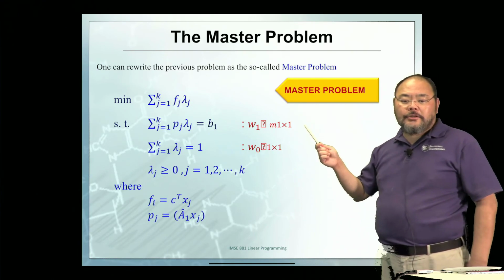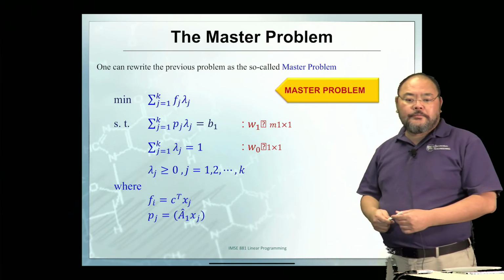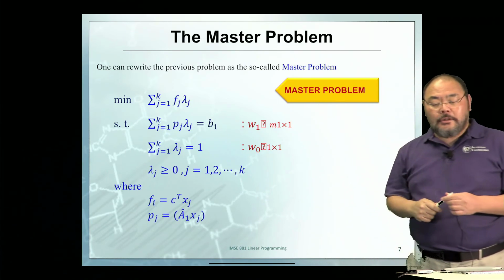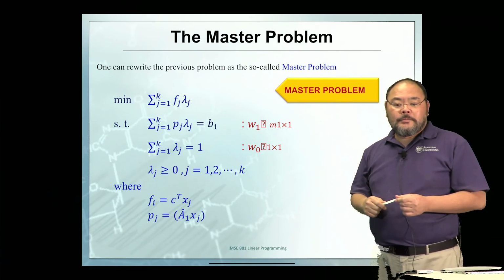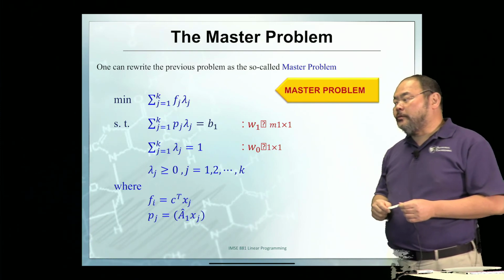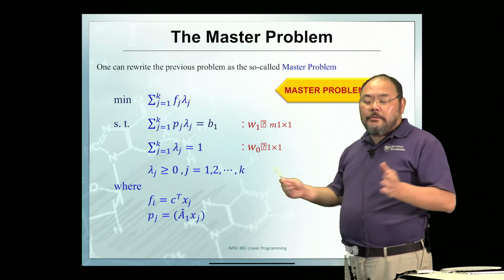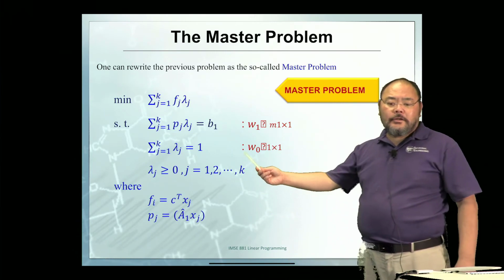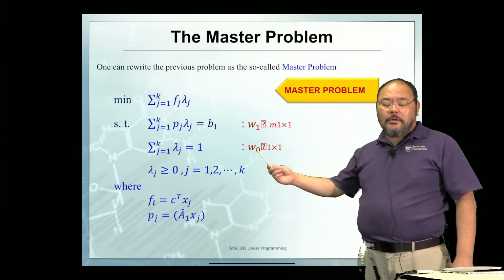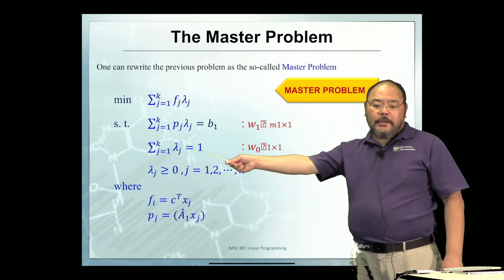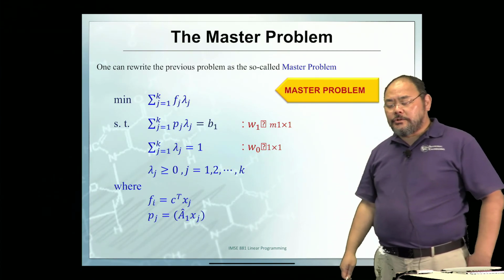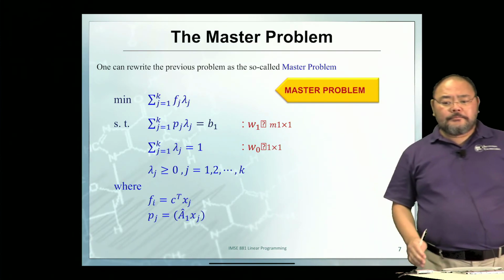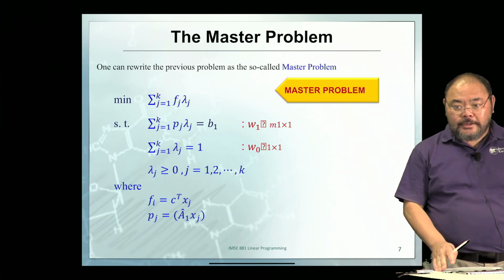It has a dimension of m1 times 1, so I have a vector omega 1, depending on how many constraints we have in A1, which is the difficult constraint. We also have one single dual variable, omega naught, which is the dual variable with respect to the convex combination constraint, the convex weight constraint.